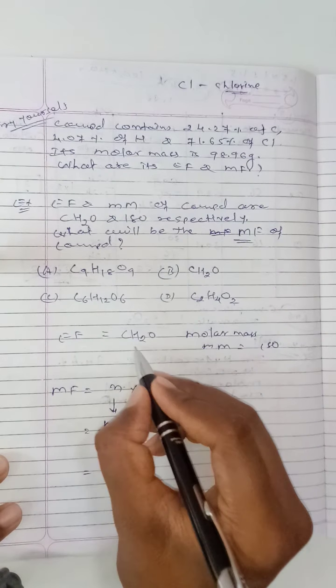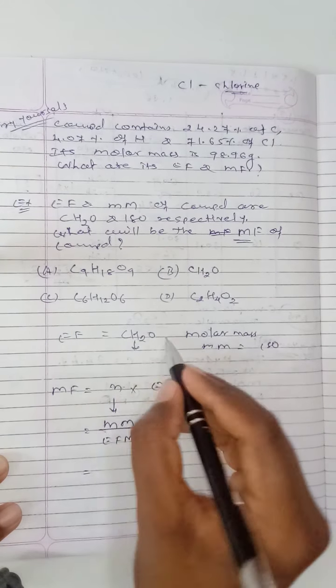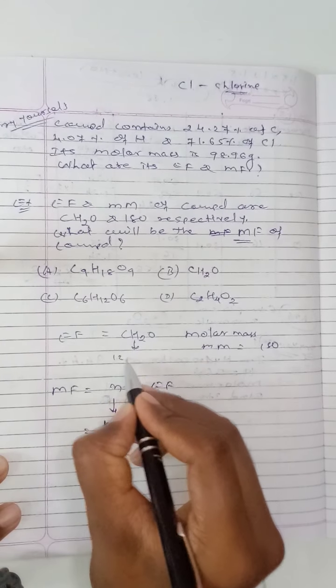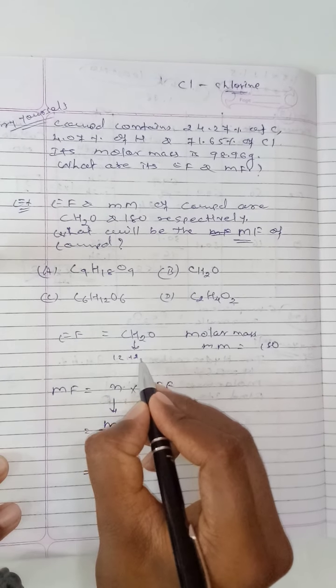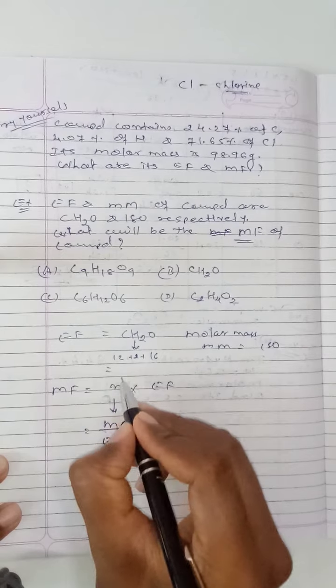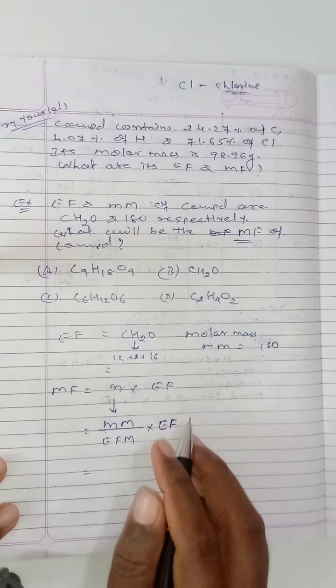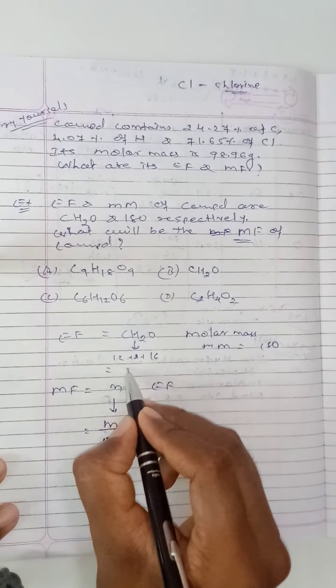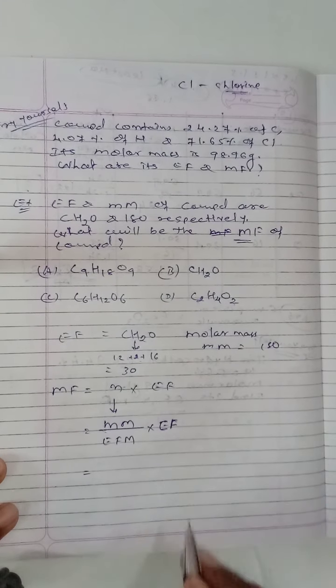Now empirical formula mass for CH2O, 12 plus 2 plus 16, this will be 30.